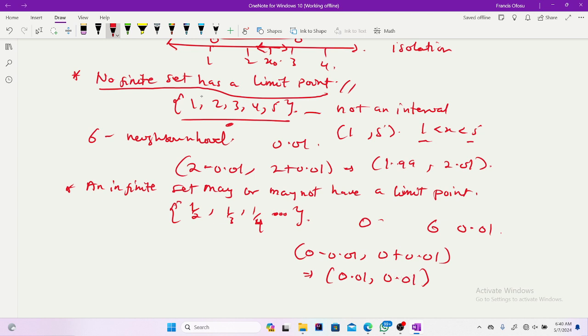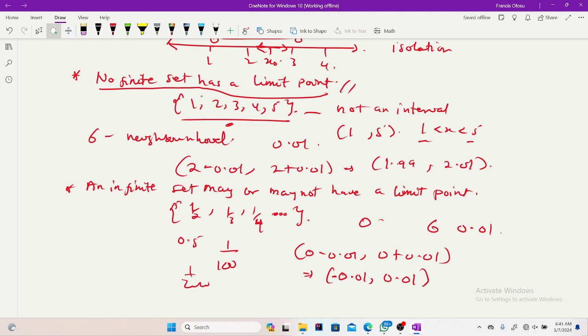Within this interval, can you identify any members here? This set is starting from 1 out of 2, so starting from 0.5 as the biggest number in this set. But as it's moving forward, you can reach a point where you get 1 out of 100, 1 out of 2000, right? And they will all fall within this range.